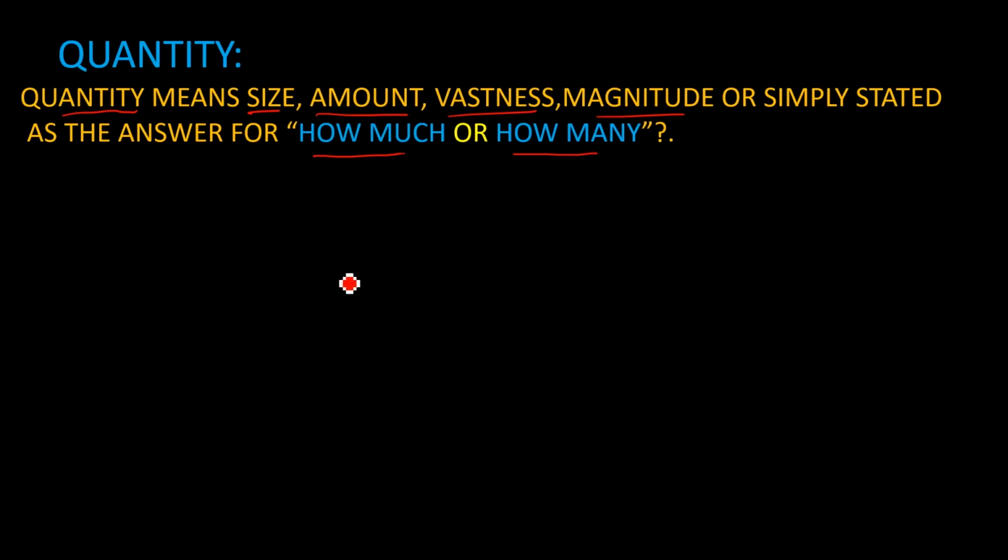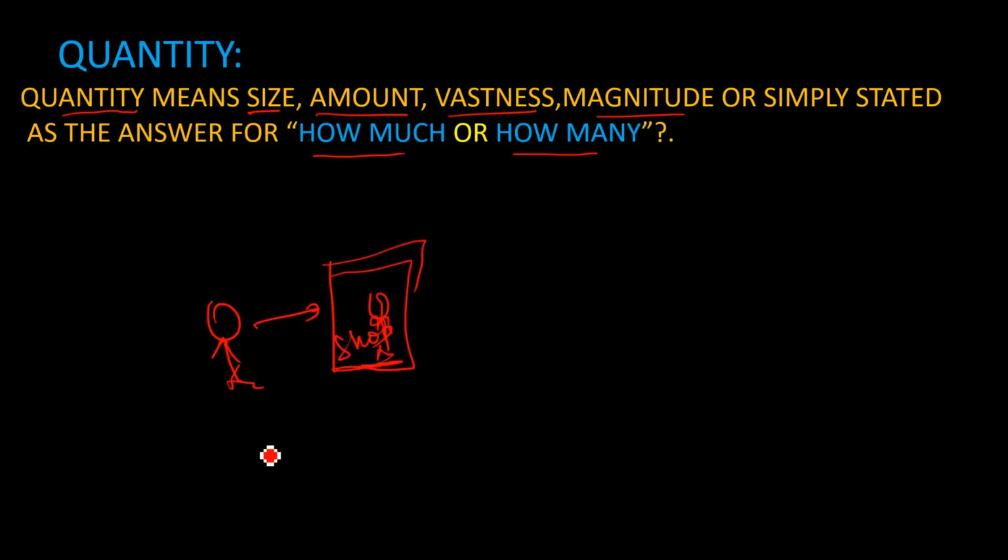Now you are going to a shop. You went to the shop and are asking the shopkeeper, I want rice. Immediately the shopkeeper will question you, okay, how much do you want?